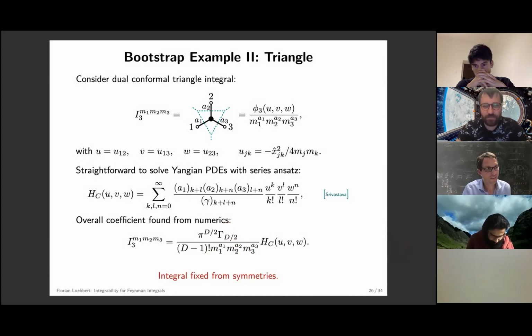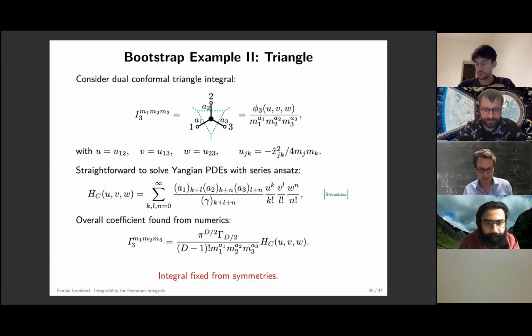Sorry? The coefficient doesn't look very numerical. Well, yeah, we put in some random exponents here and random masses, and then figure out this factor. We can never fix the overall factor using these Yangian equations because they are homogeneous, right?